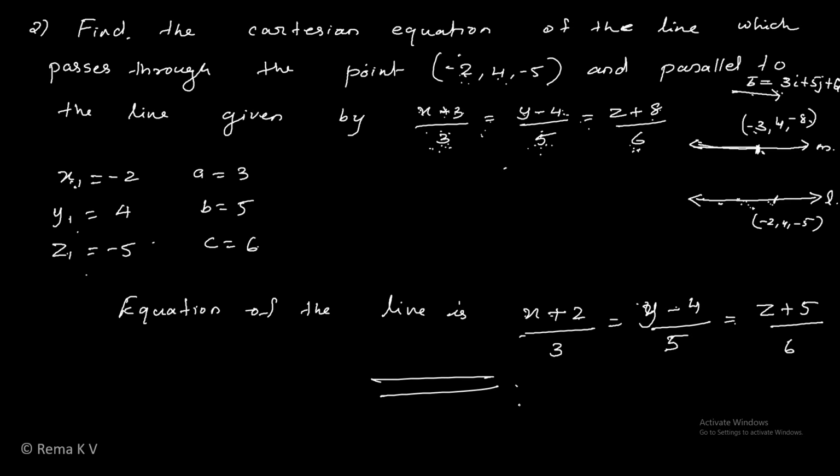See, it is -2i plus 4j minus 5k plus lambda into 3i plus 5j plus 6k. This is the vector form.